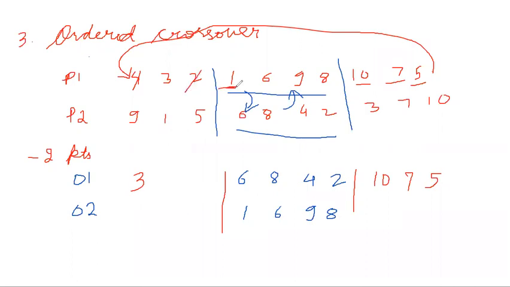Now I will go to the section which was already exchanged, and maintain that order. This is 1, which has not occurred, so I fill the first vacant position with it. Next is 6. 6 is already part of the exchanged section, so I cross it. Then the next element, 9. 9 is not occurring, so I am done. This is how my first offspring has been created.